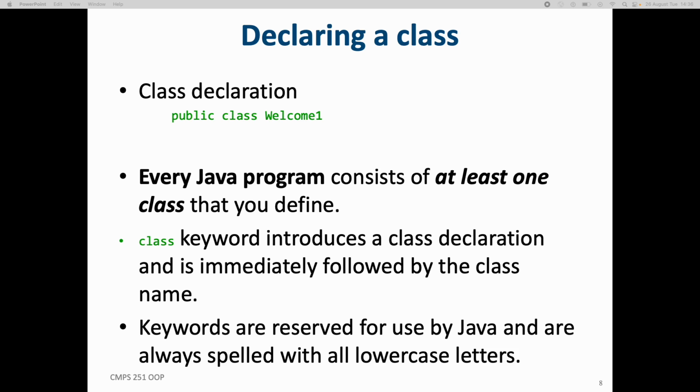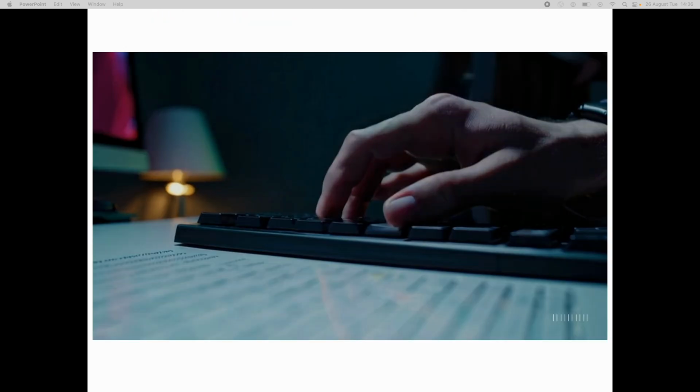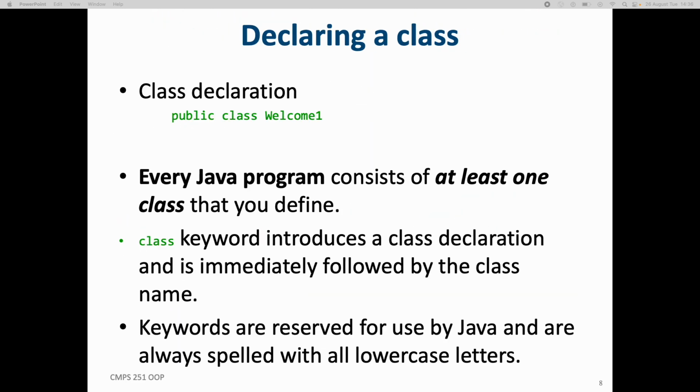Just as an example, if you go back to this welcome code, just to say welcome to Java programming, what I did is I created a class, the Welcome class. This is an important part. Some students, especially in the exams, make this mistake, where they just start writing code. No, it doesn't work in that way. You have to always define a class. And class is a reserved word, so you cannot use it as a variable name.